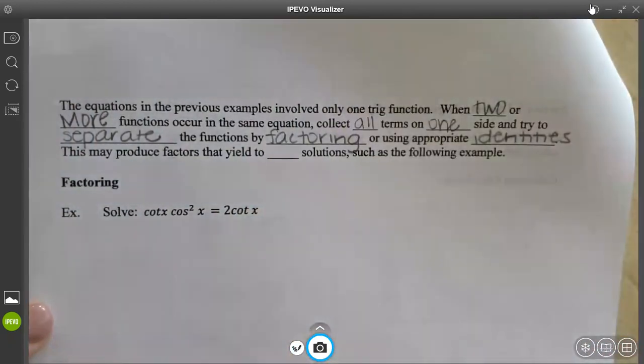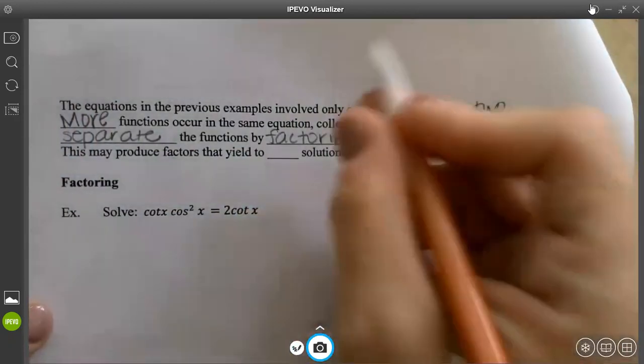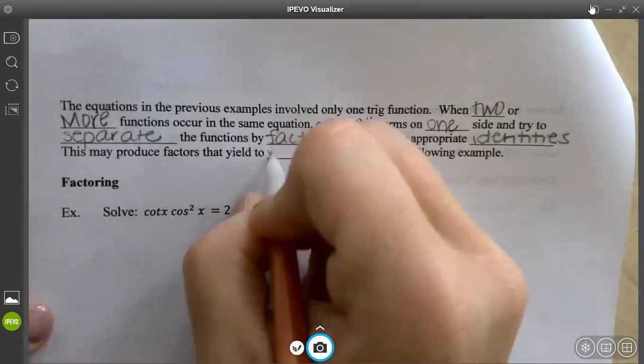So what it's saying is it only had sine, or only cosine, or only tangent. That's what you've done the last couple of days. This may produce factors that yield no solutions, such as the following example.